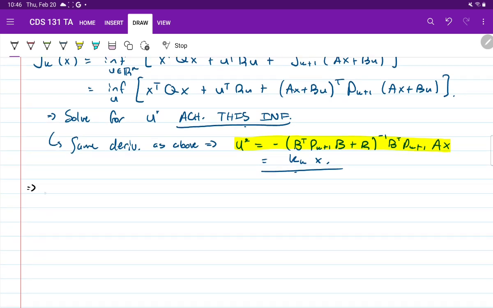Now our next step is we plug u star equals Kk times x back into the Jk minimization.